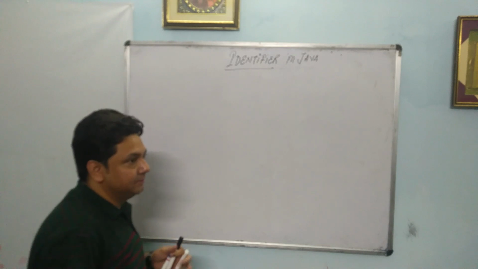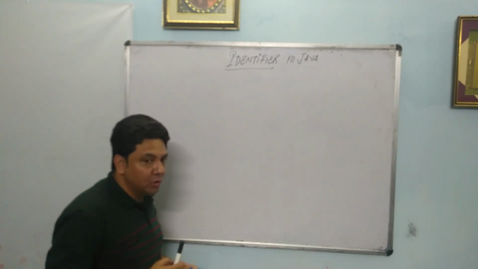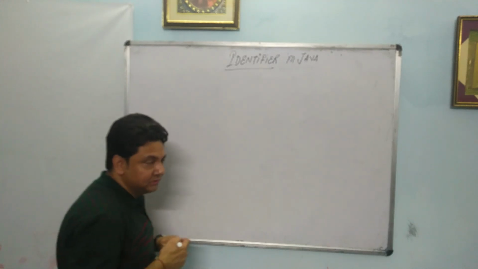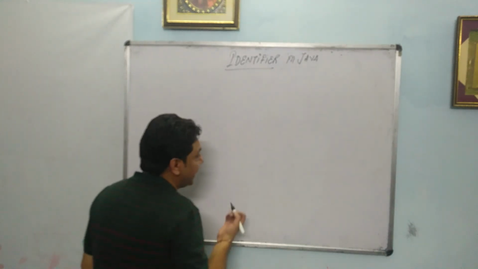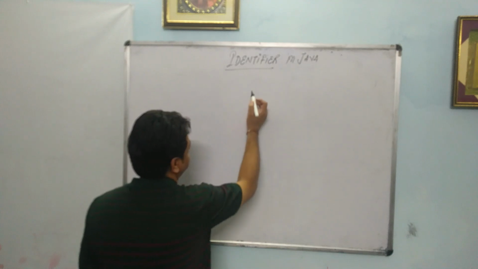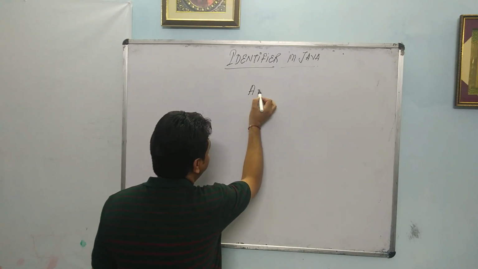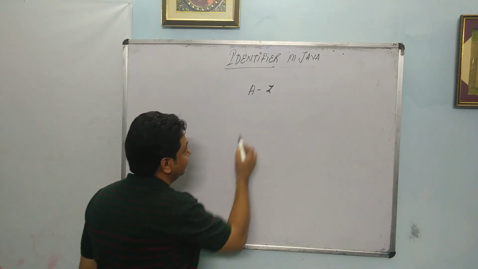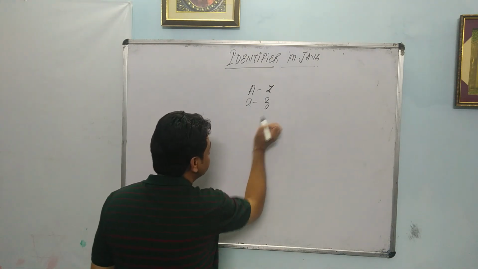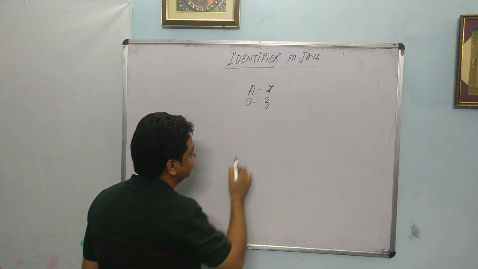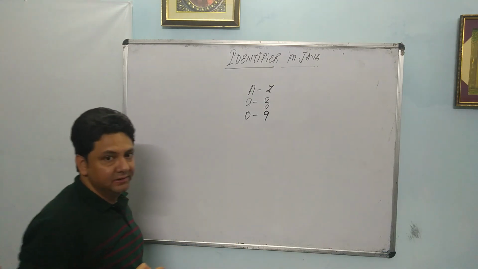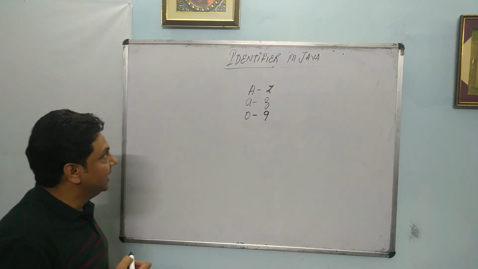And there are some rules to create identifiers in Java. What are the rules? An identifier can consist of capital A to capital Z alphabets, small a to small z alphabets, and 0 to 9 digits can be included for naming an identifier.